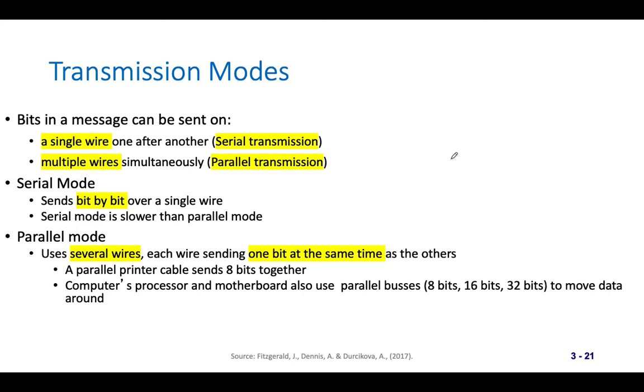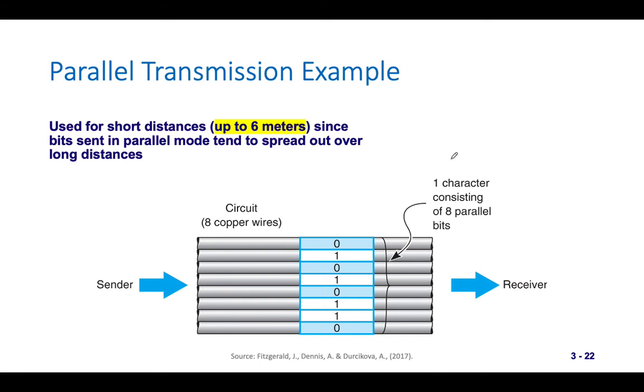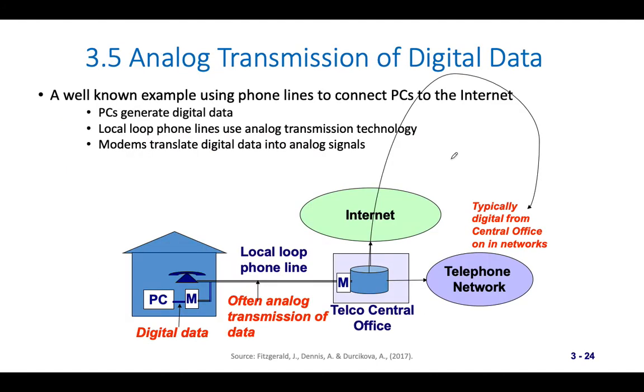The parallel mode, which is the one we use, usually uses a multiple of 8 bits. It's actually a multiple of 7 bits, but there is 1 bit for error detection or error correction, the parity bit. So it's actually 8 bits at a time. You may have seen cables like that, especially the old cables.